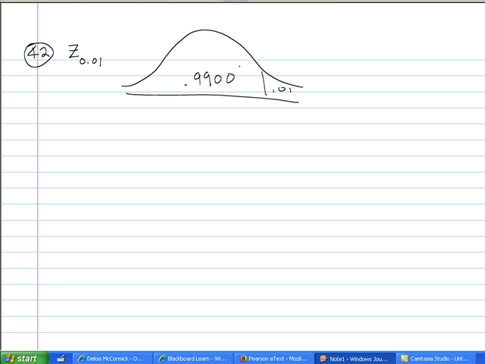Okay, and our next one is z sub 0.03, 44. So this is 0.97 and 00. We want to look that up in the chart. Again, it's going to be a positive, so we want 0.9700 as close as we can get to that.